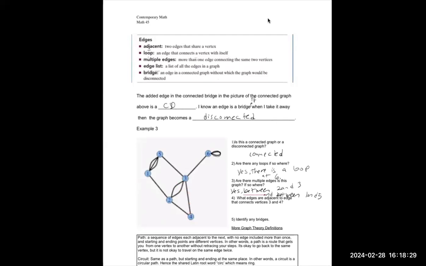Well, that means next to 3, this line. So there's this line, and this line, and these lines, I guess, too. So basically, any line that connects to 3 or 4 is also going to be adjacent to line 3, 4. Okay, so we can list them all.